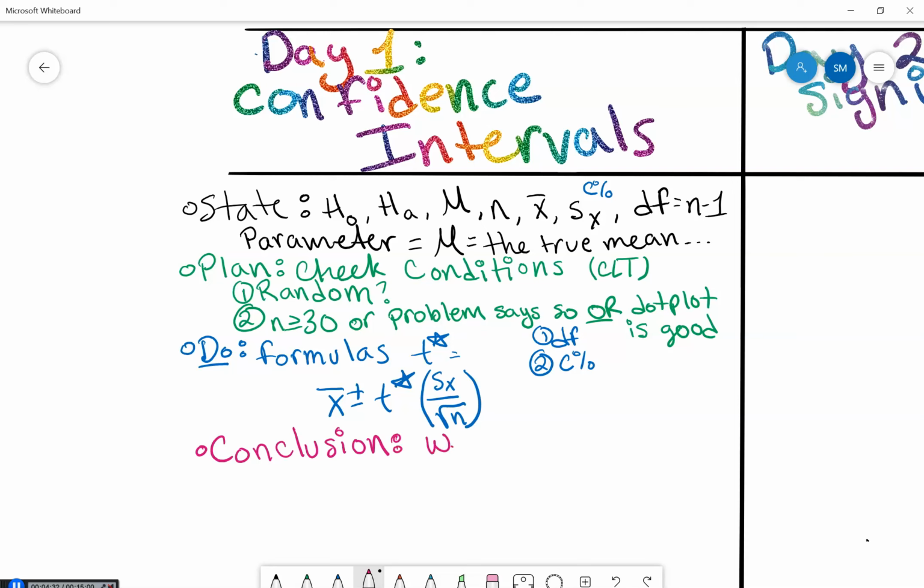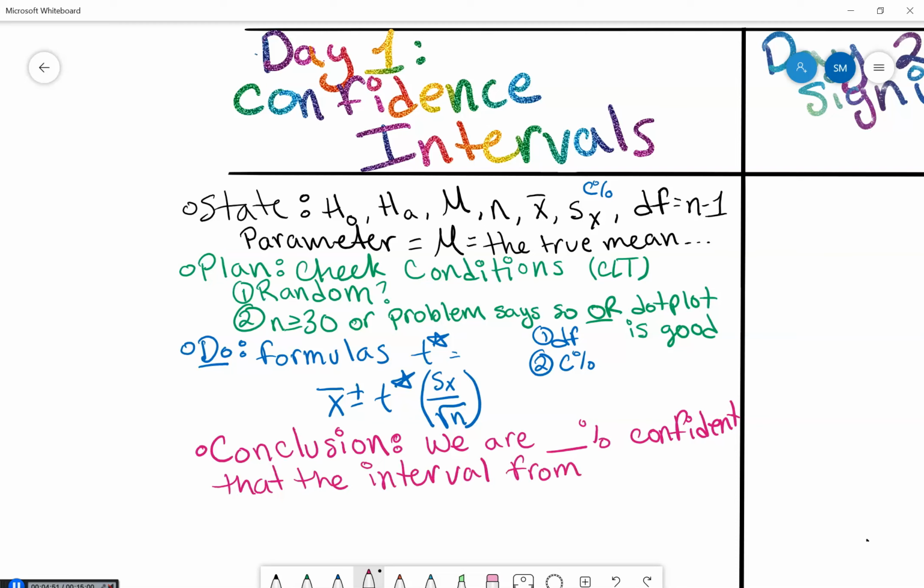So we are blank % confident that the interval from blank to blank captures the true mean, and then parameter and context.